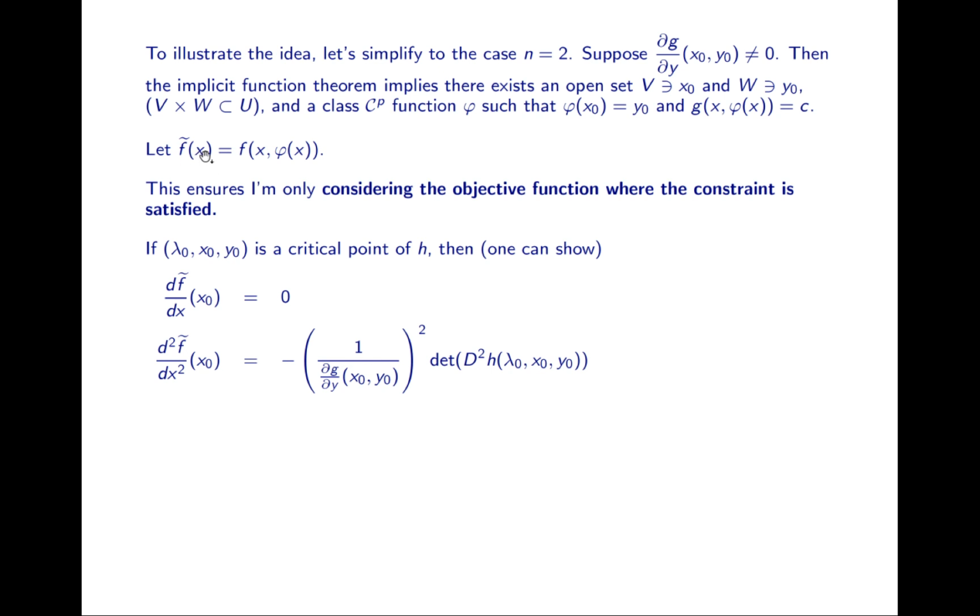Now, f tilde is just a regular function, it maps x to a number. And the second derivative is equal to this expression here: negative 1 over this value squared times the determinant of the Hessian of h.